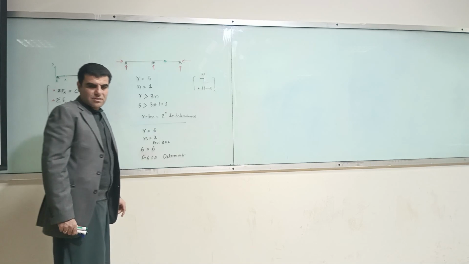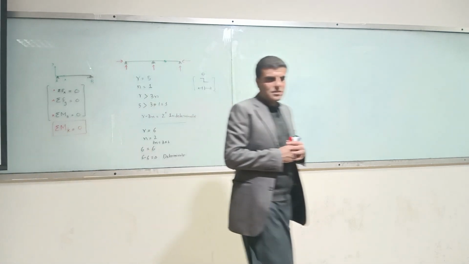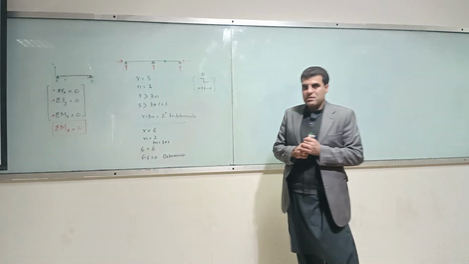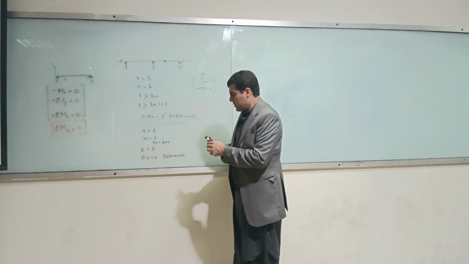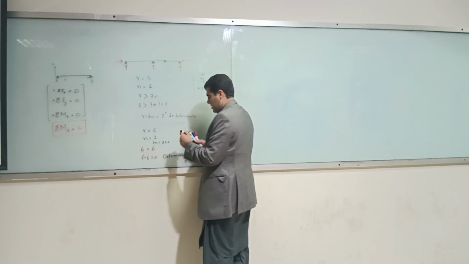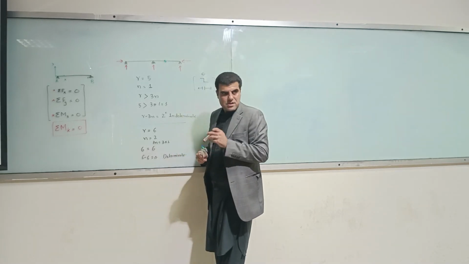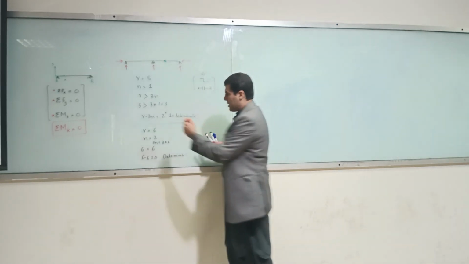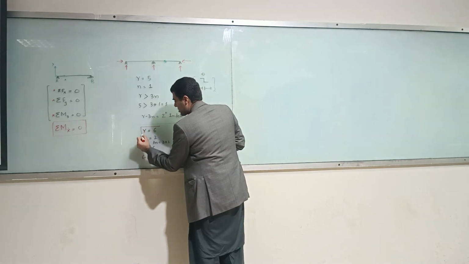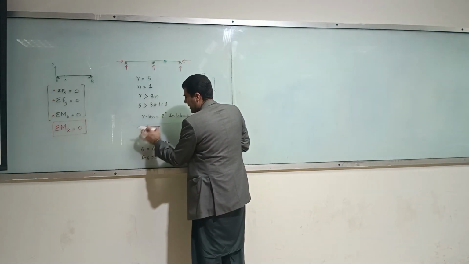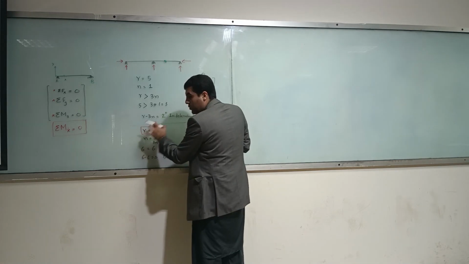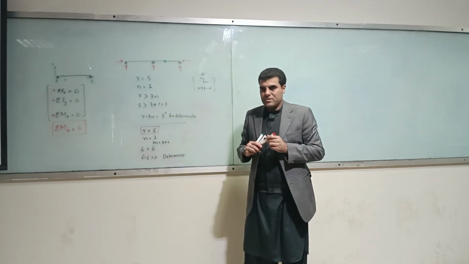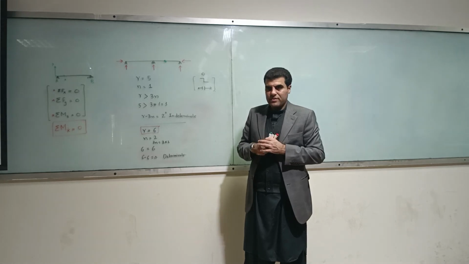Summation M at this point. Huh? Summation M at range is equal to 0. No, but I mean like the unknown. We are talking about unknown. The moment about one side of a hinge is also 0. No, but we are talking about this one. Look, we said that reaction, how is reaction equal to 6 in this case?